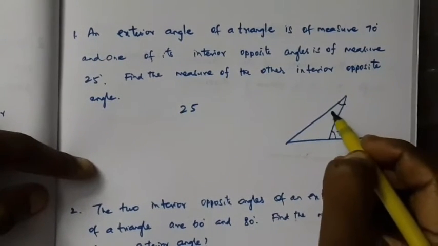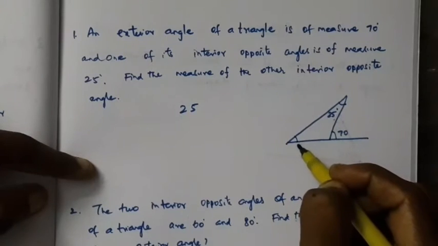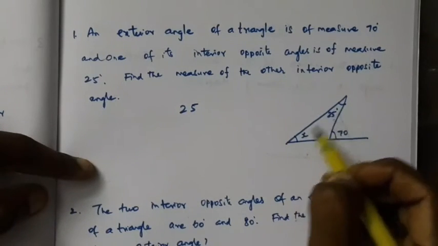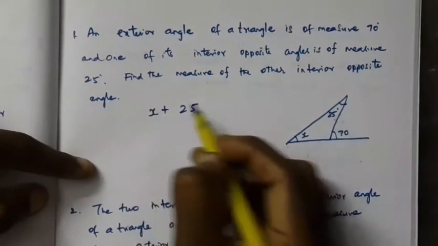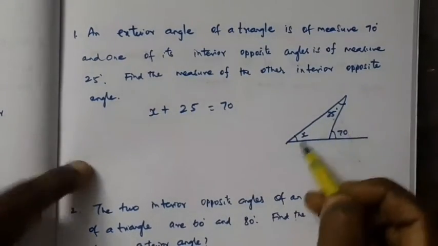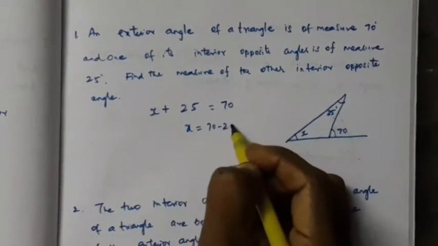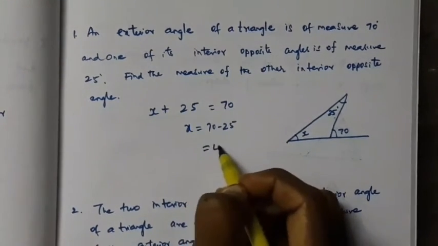If one of the angles is 25, they have asked what is the other angle. Okay, this is x. If you add x plus 25, you should get 70, because if you add these two angles, you will get this angle. So x is 70 minus 25, that is equal to 45.